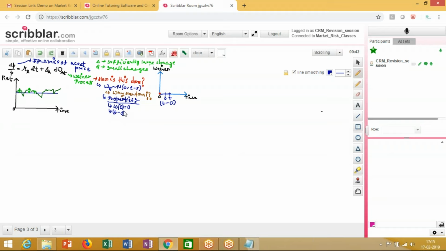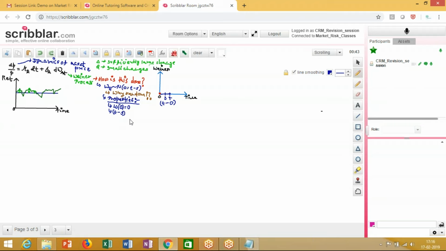Any increment that happens in this Wiener value from s to t is normally distributed. That is, that increment is totally random. I cannot frame out any specific pattern for that movement.